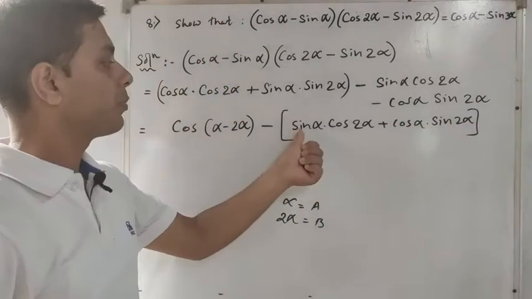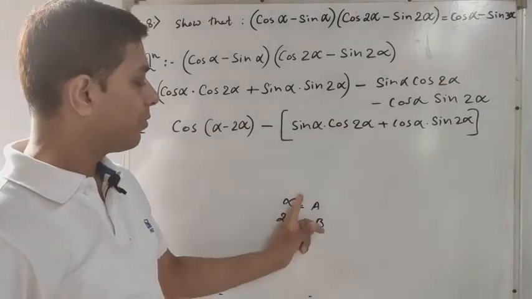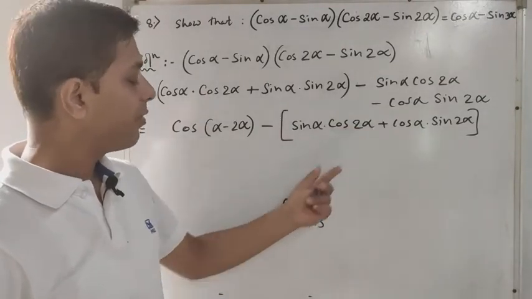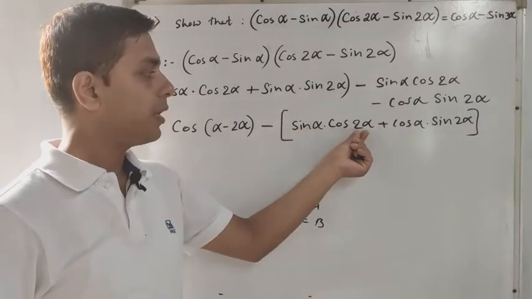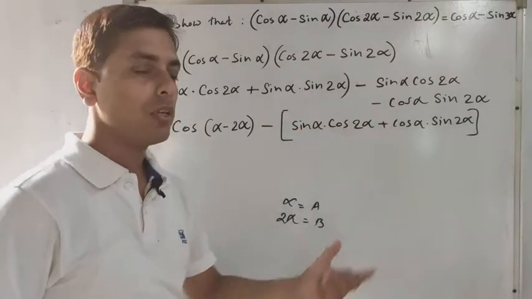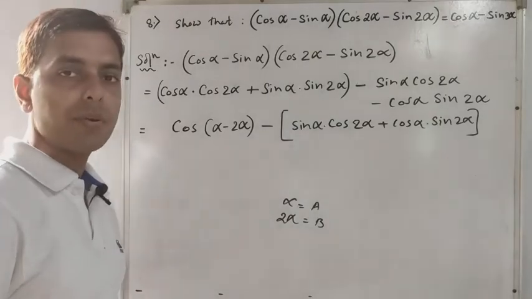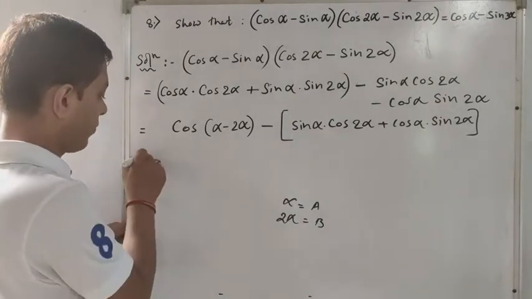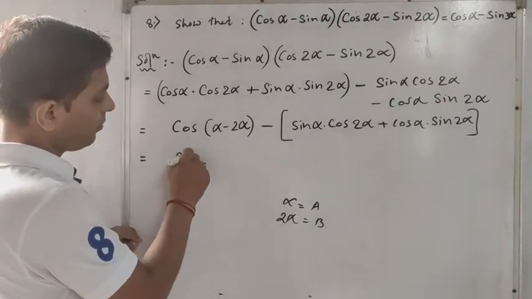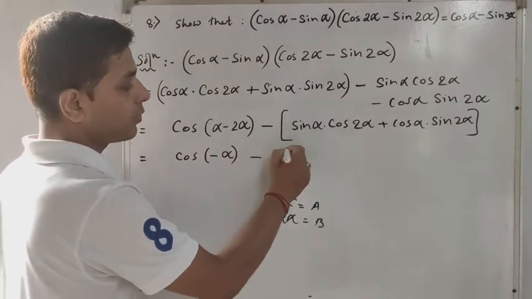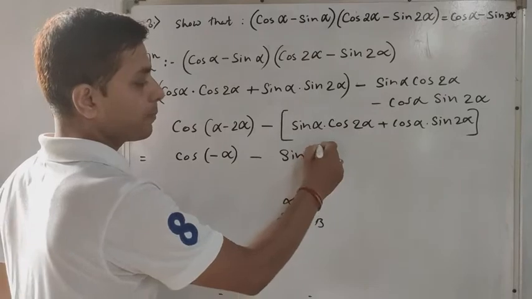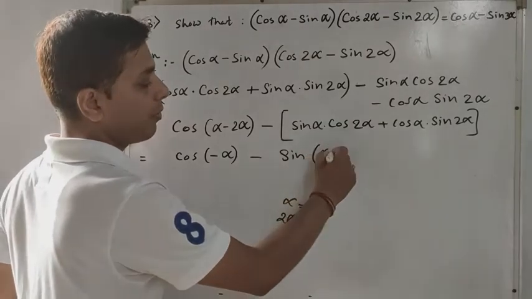So it is of the form sin A cos B. Since alpha is considered as A and twice alpha is considered as B, so it will be of the form sin A cos B plus cos A sin B. So you know that sin A cos B plus cos A sin B is sin A plus B. Cos of minus alpha minus, this will be of the form sin A plus B, that is alpha plus twice alpha.